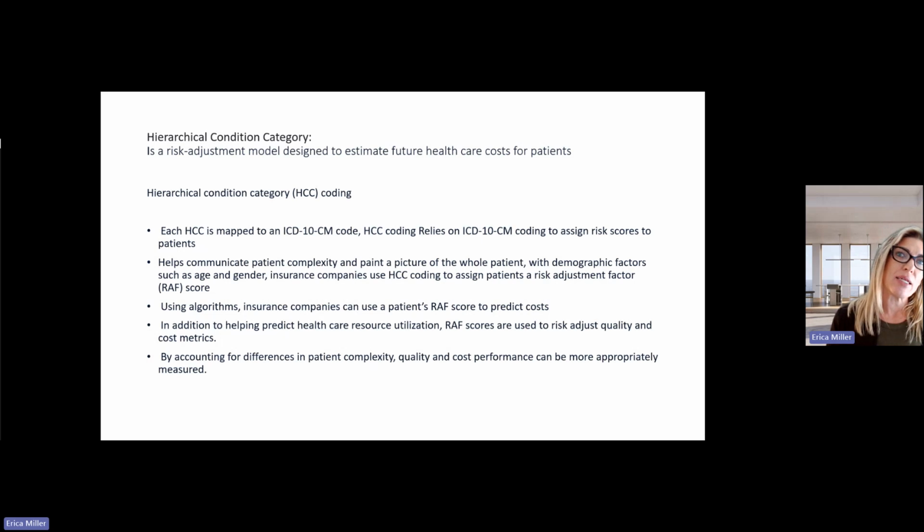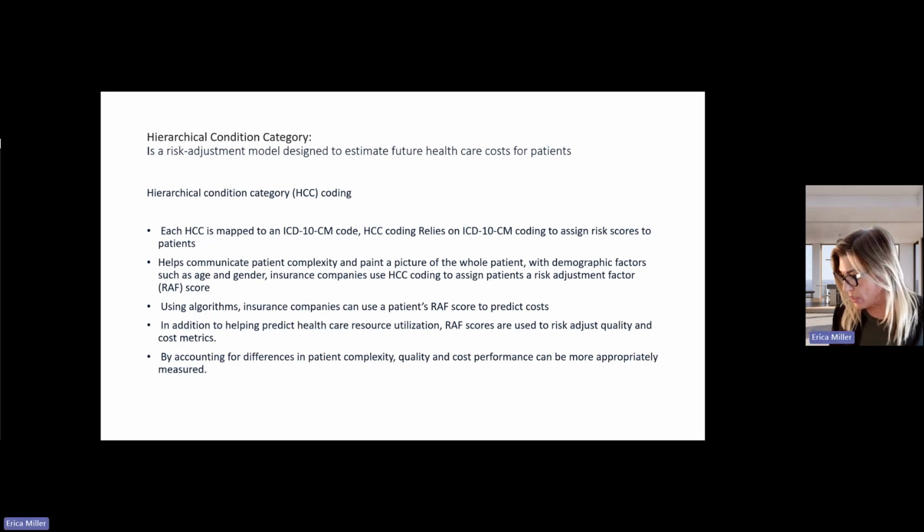All right, let's get into HCCs. This would be a great opportunity for you to open up your ICD-10 book and go to the symbols and conventions at the very beginning of your manual. That would be your guide. You're going to see a list of ICD-10-CM tabular list symbols.